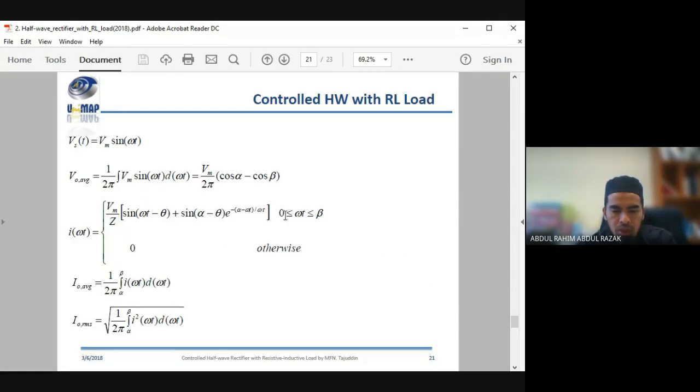It happens only from alpha to beta here, and 0 otherwise. So this is the average current output and the RMS current output. You will integrate between alpha and beta.